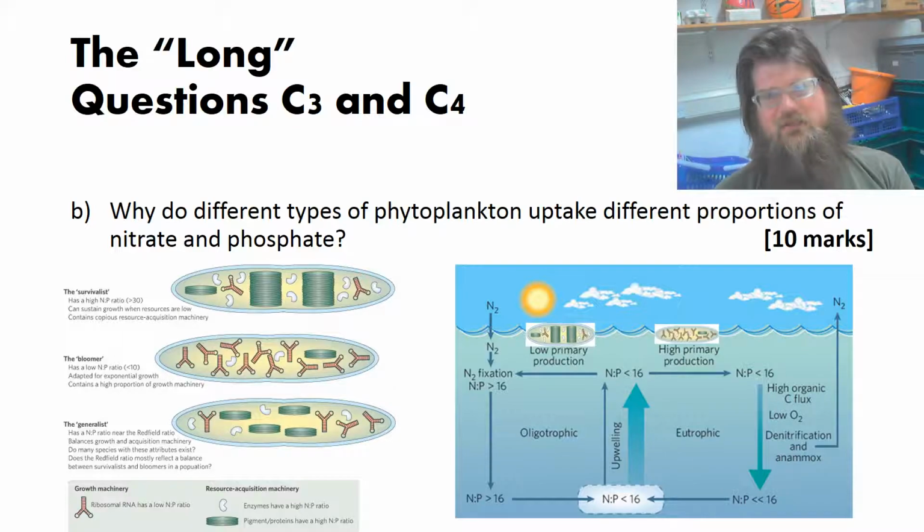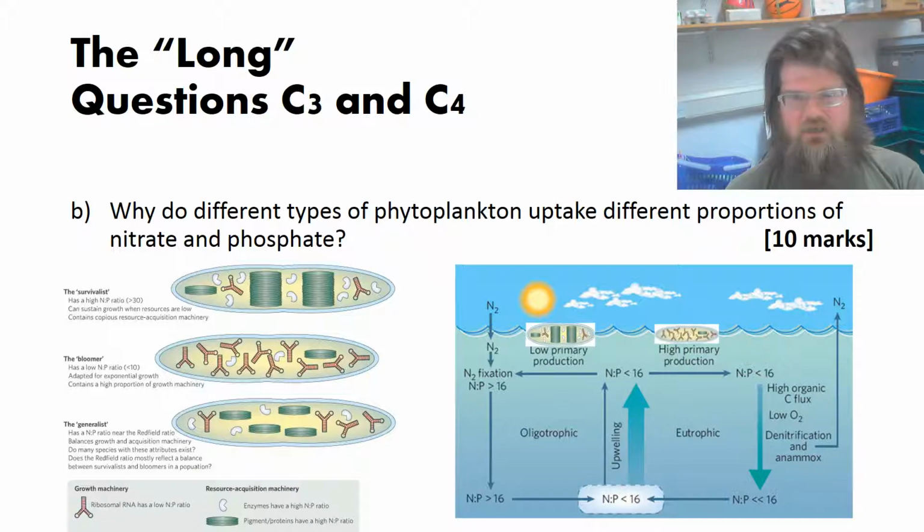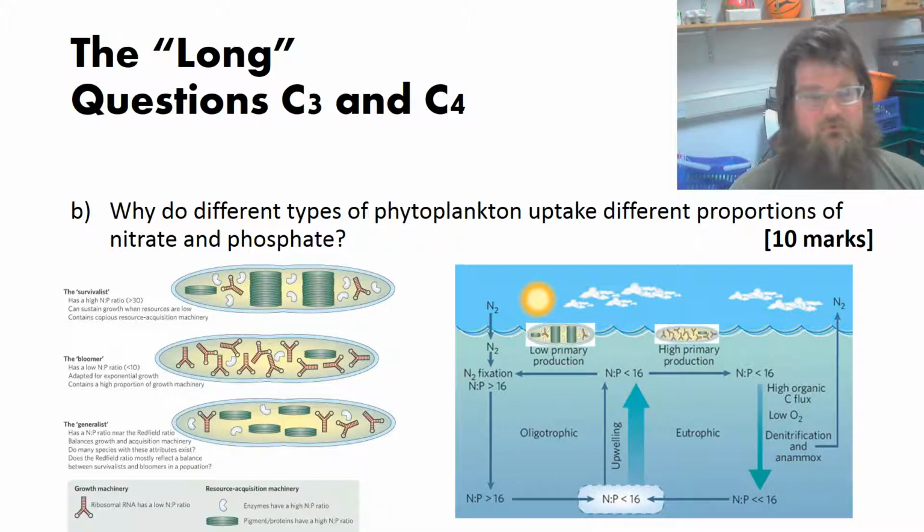So if you're a plankton that ekes out an existence in one of these really oligotrophic regions, you might have a higher demand for nitrogen than phosphorus, because you have to have cells made up of components that make the most out of all of the resources available to produce energy.